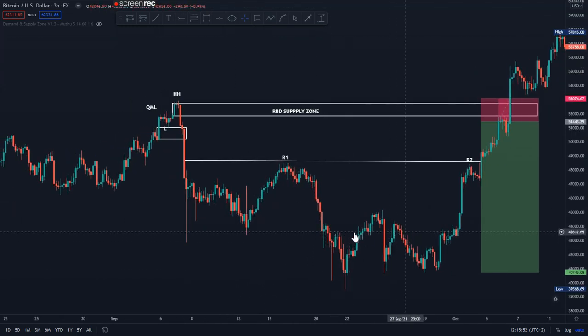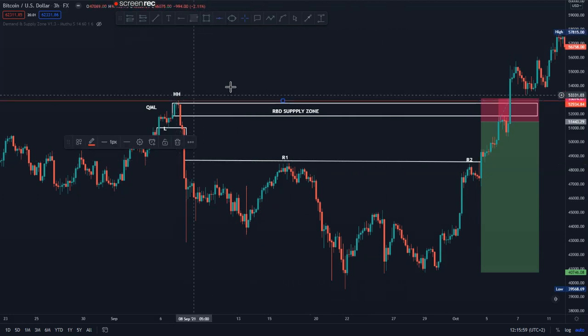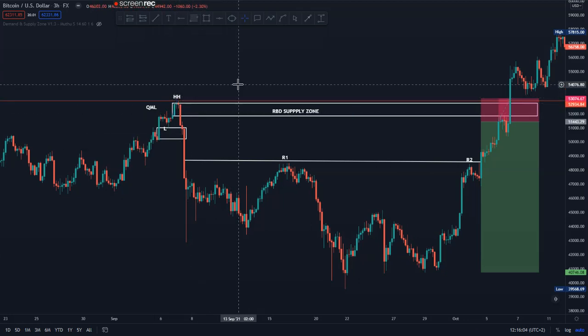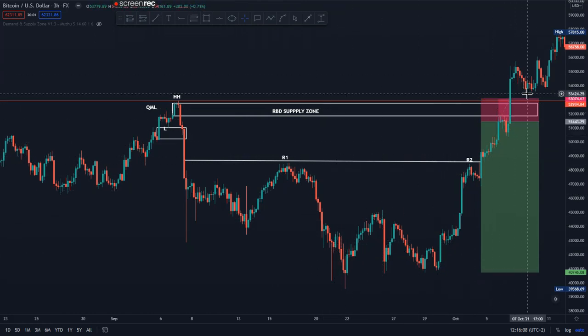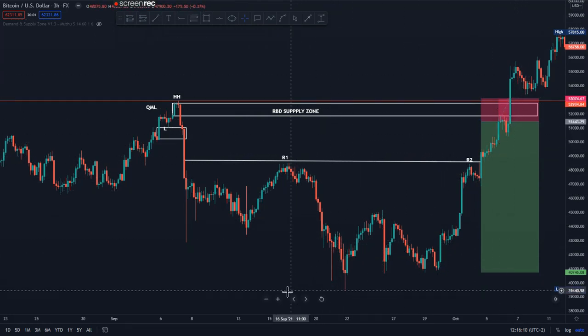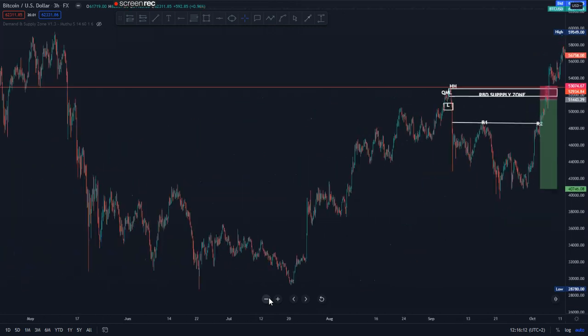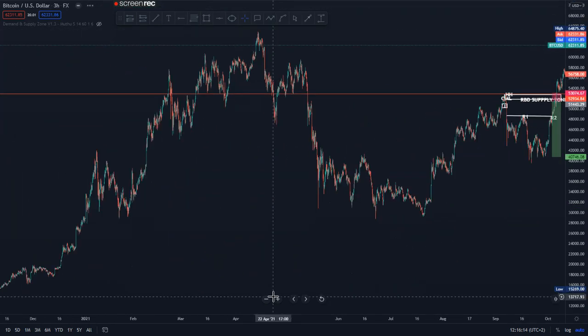But one thing I forgot to do. Remember, you have to always put a horizontal line on your higher high here, and go to your left side, or zoom out and go to your left side. Why do you think this market broke out like that? Let's zoom out. Now you can see.